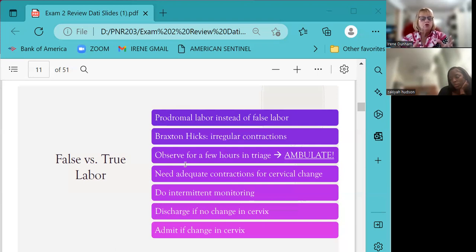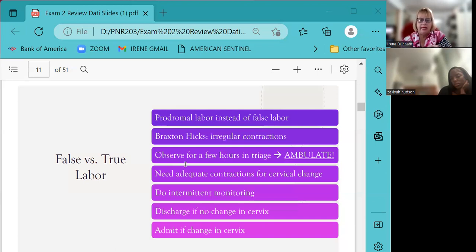She could be contracting every 5 to 7 minutes, kind of irregular contractions. I look at her and she says, I know I'm in labor. But I've got to observe you for a while. So I'm going to send you out walking. So I send my patient out walking, and she comes back in 30 minutes.